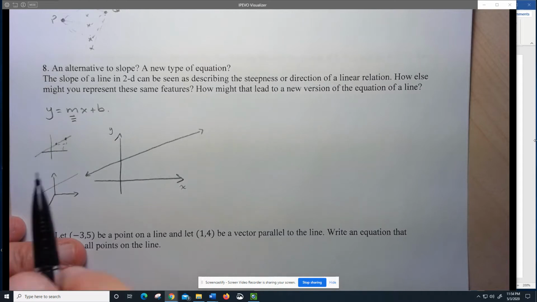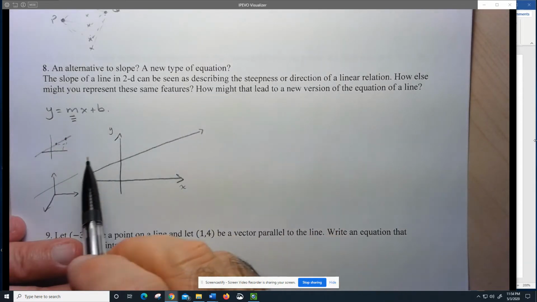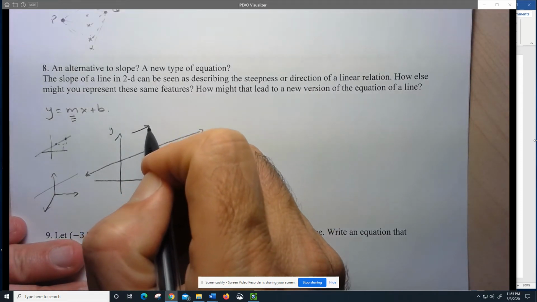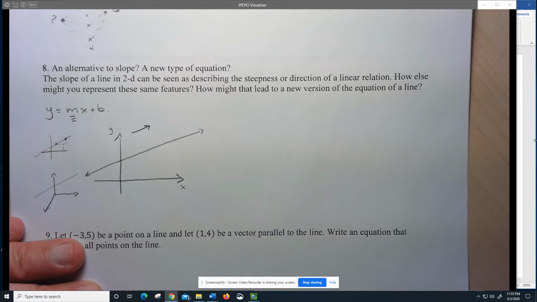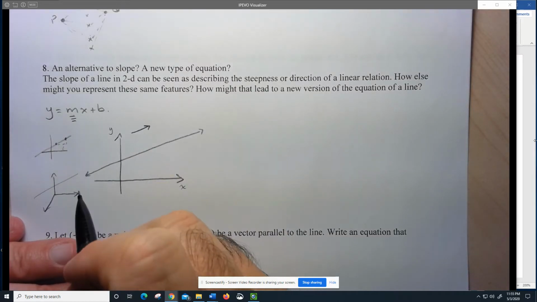So what we're going to use, instead of a slope to represent the direction of the line, is a vector that's parallel to the line. Okay, we're going to call it a direction vector, not surprisingly.